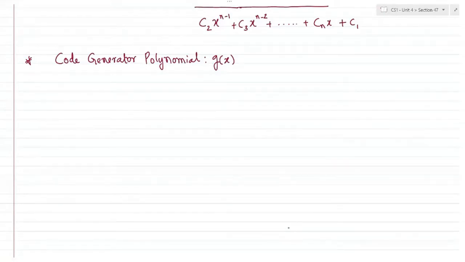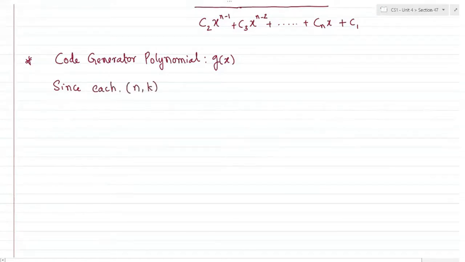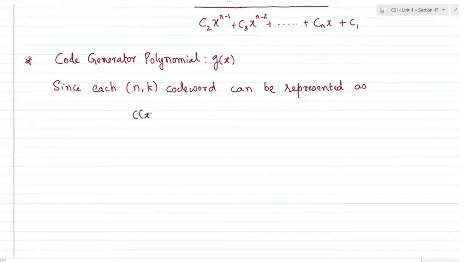Since each n comma k code word, remember it is still a block code, can be represented as, we have written this several times so far, c of x equal to c1 x^(n-1) + c2 x^(n-2) up to cn.